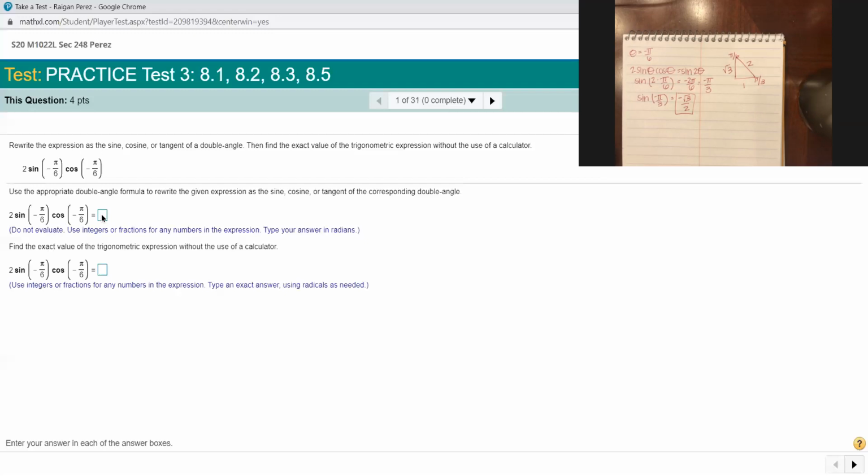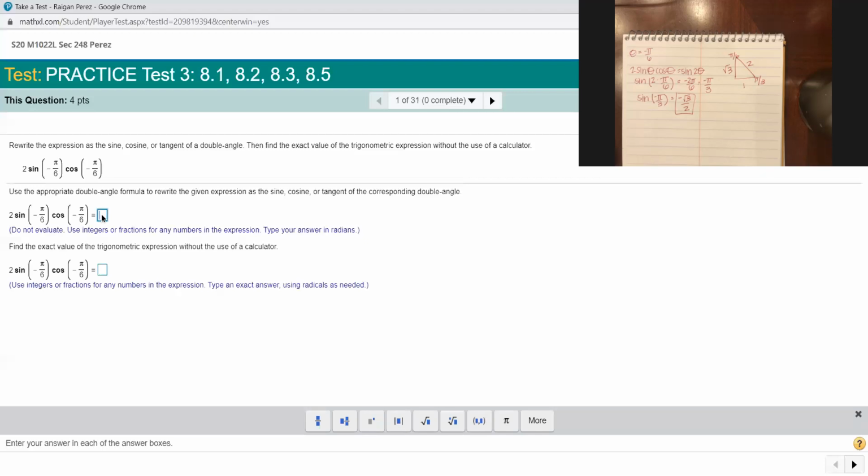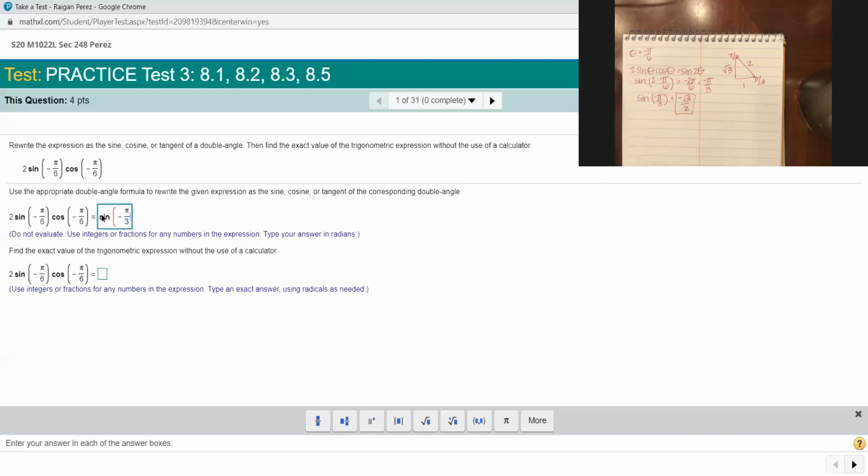So the first one says rewrite. Over here I could just write sine of negative pi over 3.